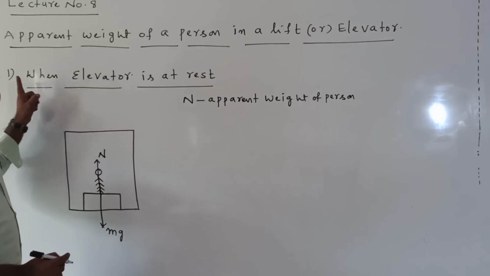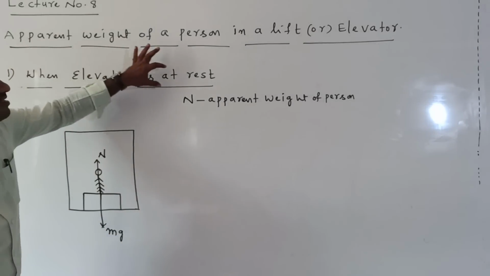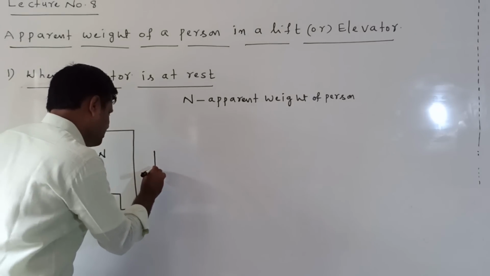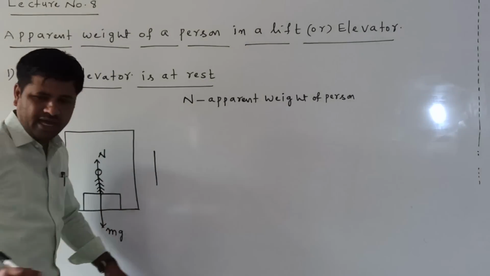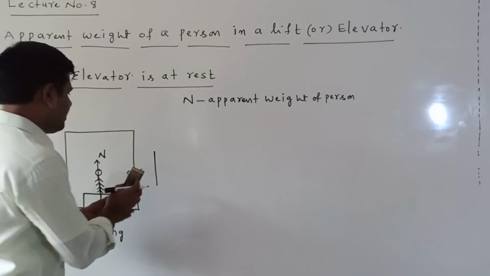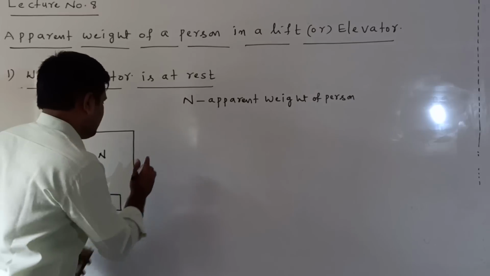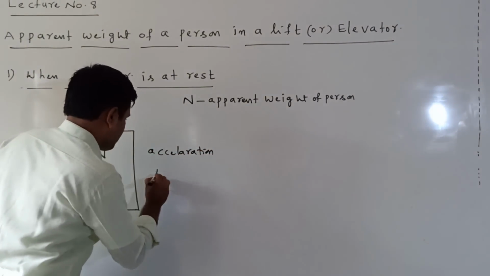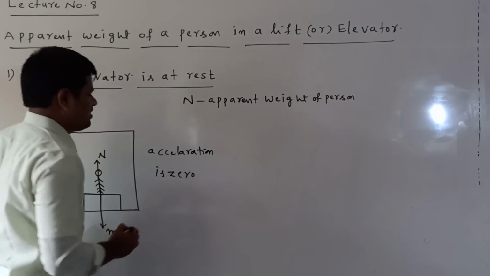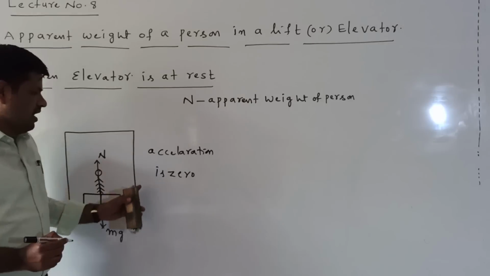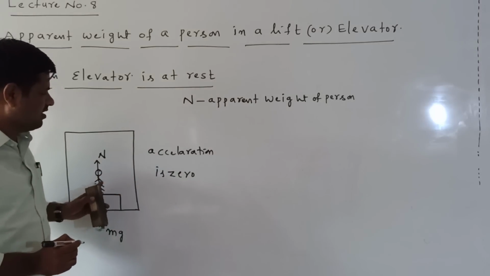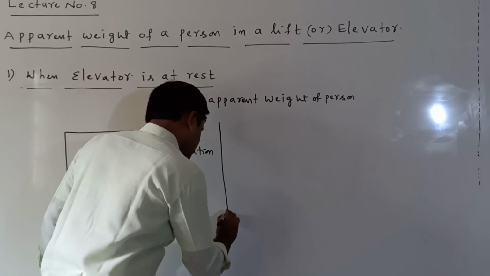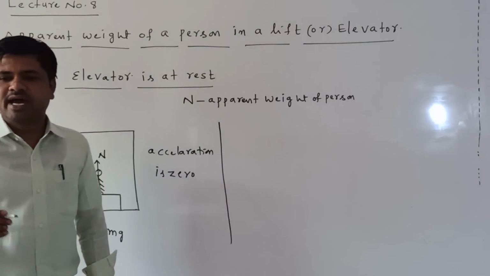Now the condition here is when the elevator is at rest. Elevator at rest means the acceleration is 0. Since the elevator's acceleration is 0, the person standing in the elevator also has acceleration 0.